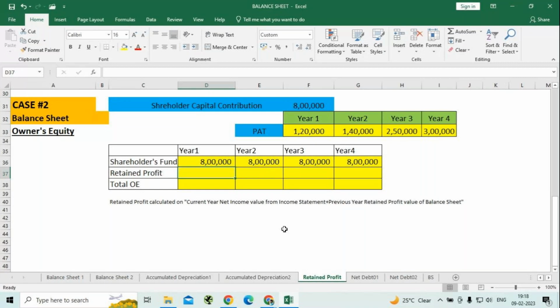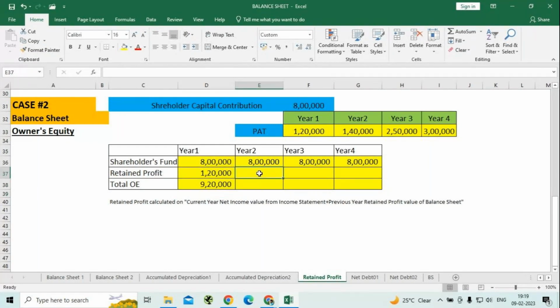Retained earnings for the first year will be 1,20,000. Good. And total owner's equity will be 8 lakh plus 1 lakh 20,000, that is 9 lakh 20,000. Good.